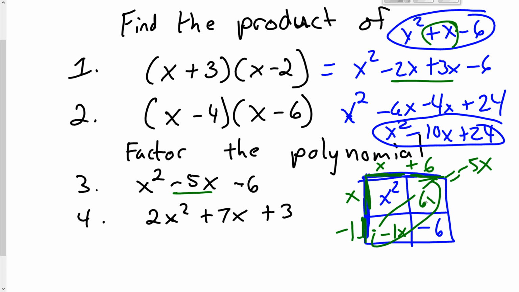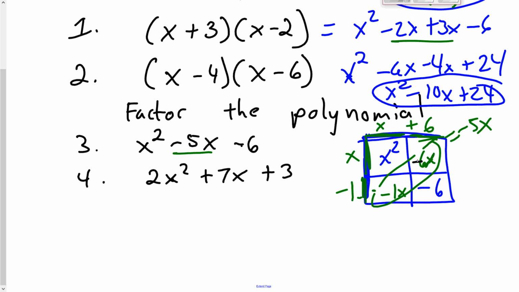All right, so 6x minus x, that is 5x, not negative 5x. So since I need to switch the sign here, then I need to switch this sign. So I switch the sign here and switch the sign here. So here we get a negative 6 and a positive 1. So positive 1x and a negative 6x, that indeed equals that.